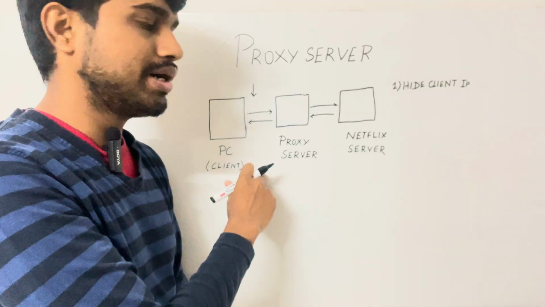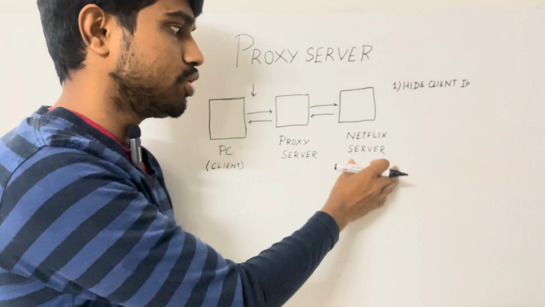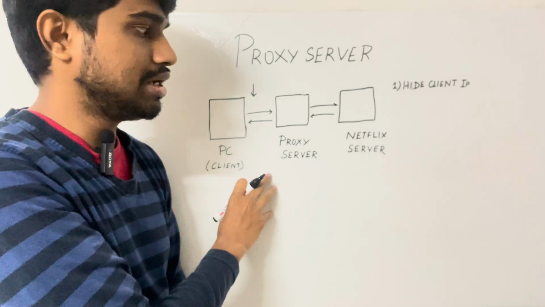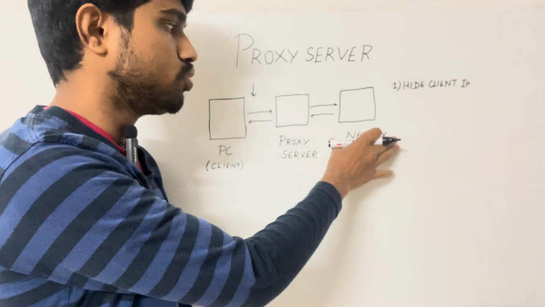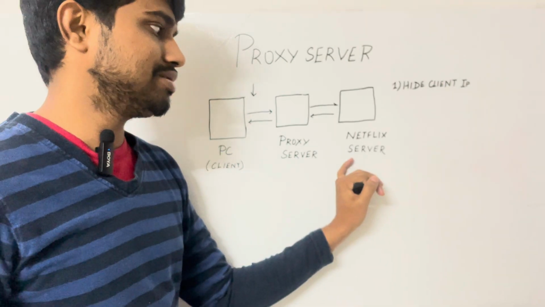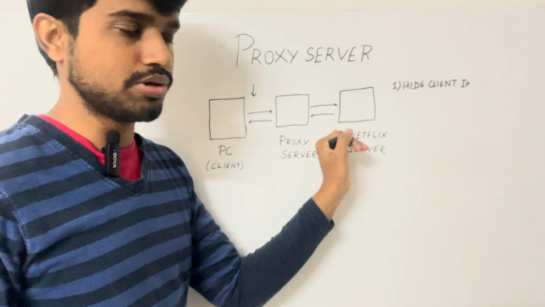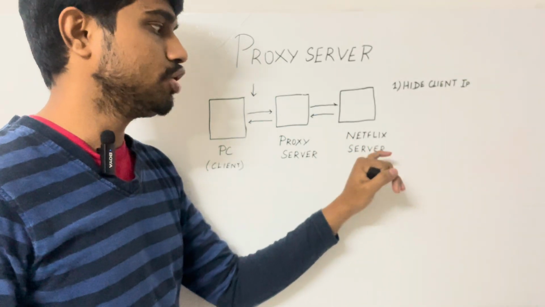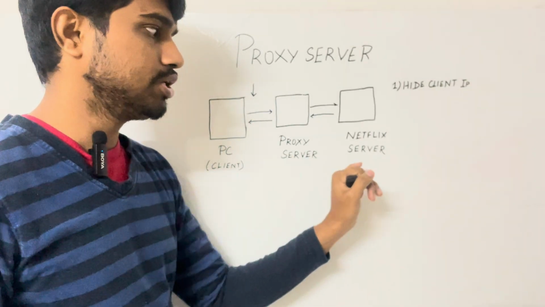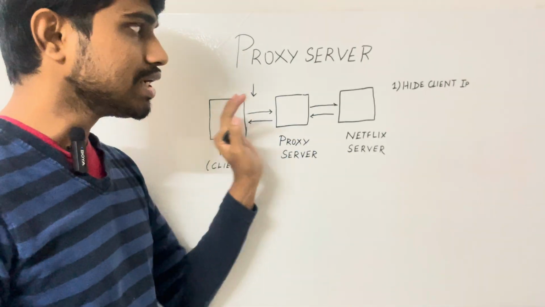You don't want anyone, even the news channel or wherever you are researching, to know who is collecting all this data, so that you can keep your research confidential. It can be useful where you are searching for some sensitive information, but you don't want Netflix or some news channel to know that you are the one requesting that. So you have a proxy server, so they will think that some proxy server is requesting, right?